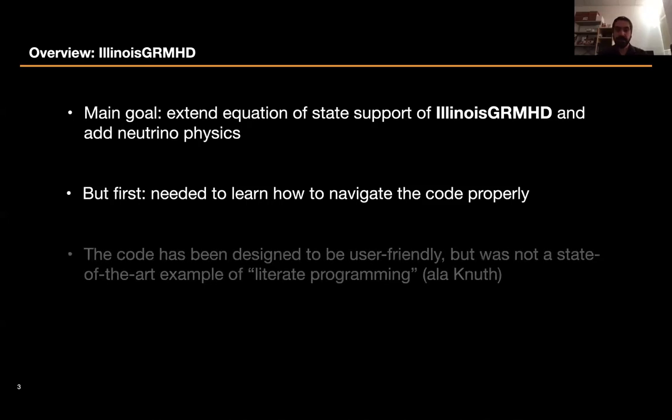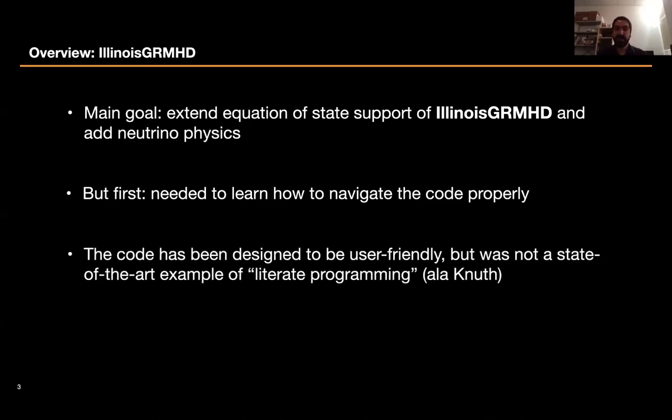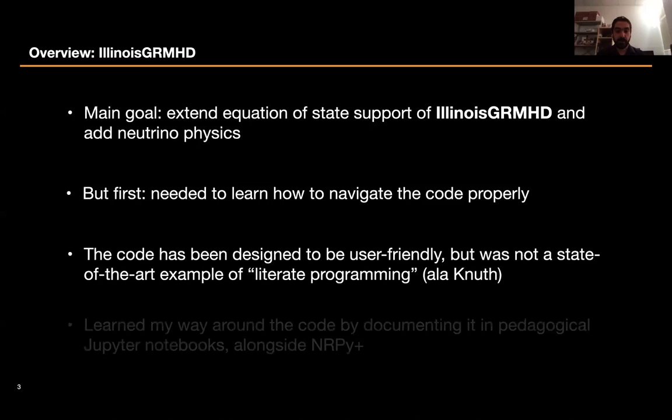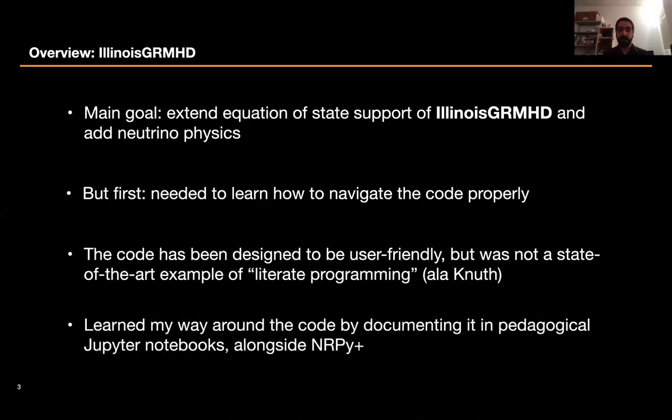Although it had been designed to be user-friendly, it was not a great example of literate programming in the new sense of the word. So I documented it in pedagogical Jupyter notebooks alongside NRPy+, which I will also discuss a little bit more.